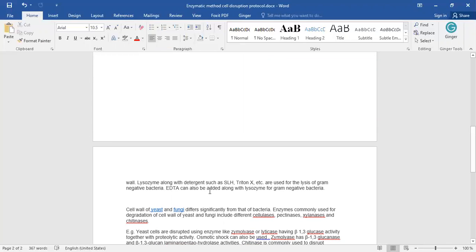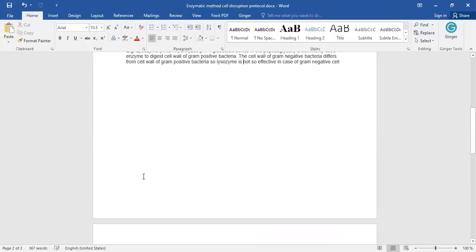Lysozymes can also be used along with detergents such as sodium lauryl sulfate and Triton X. If we use lysozymes along with these detergents, we can also lyse gram-negative bacteria. EDTA can also be used along with lysozyme for the disruption of the gram-negative bacterial cell wall.